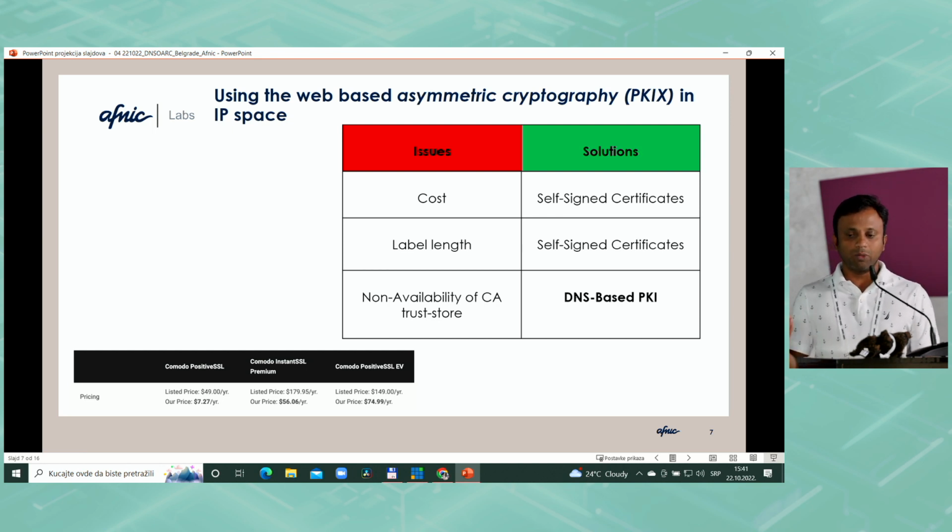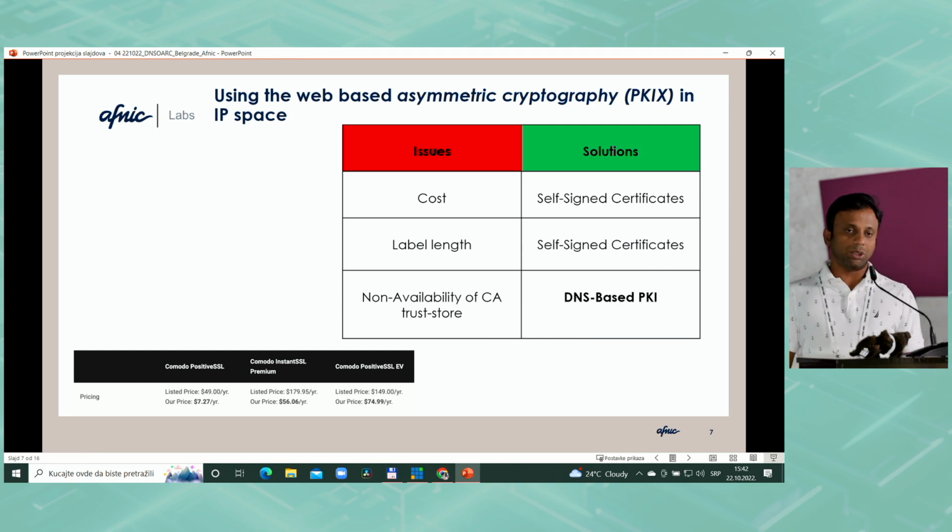One of the solutions could be using self-signed certificates. Also, certificates like Let's Encrypt have restrictions on the number of labels, but here we have the identifier for the device where we could have dots between each number.